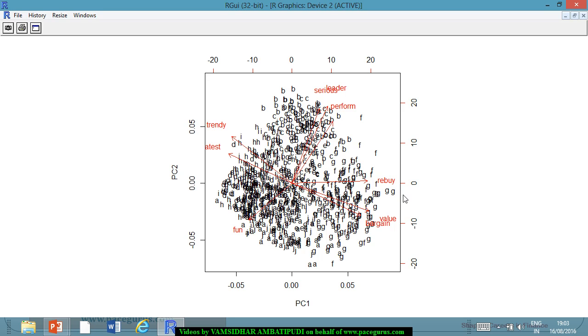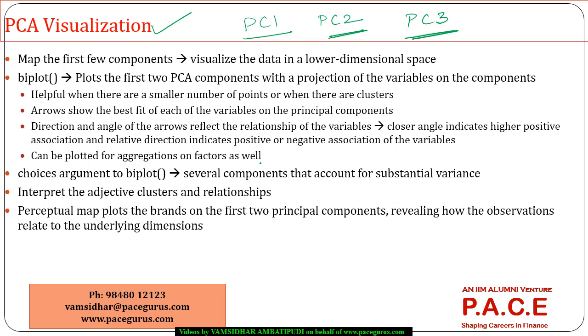So you could see the rebuy more and more parallel to PC1, right? So that's one more aspect I could really look at. The graphs and the arrows between PC1 and PC2 can really help me when there are a smaller number of points or when there are clusters.